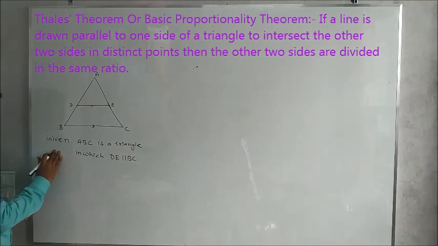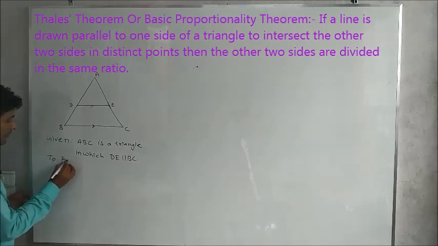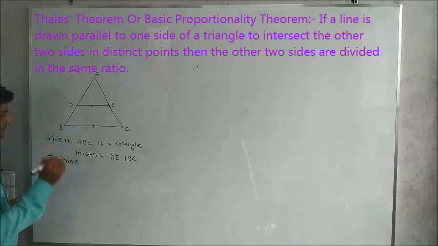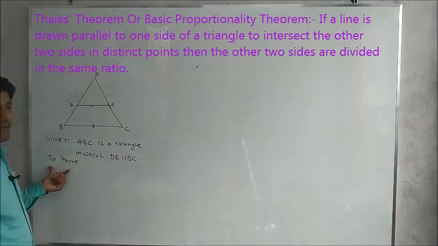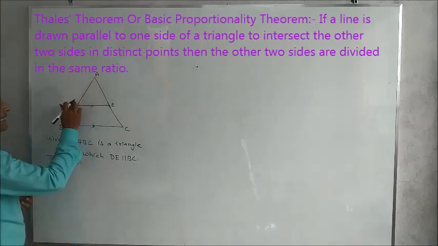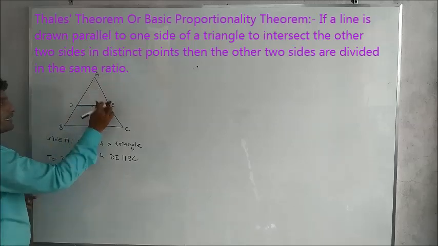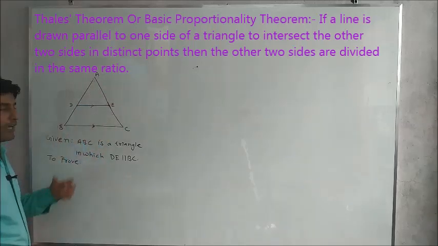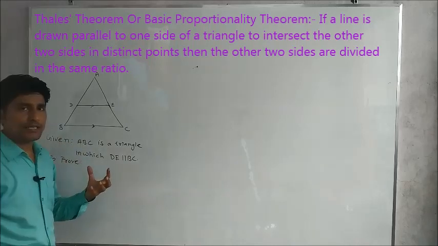After writing the given, the next step is To Prove. In To Prove, we write AD upon DB is equal to AE upon EC. Why do we write this? Let us see the theorem once again.